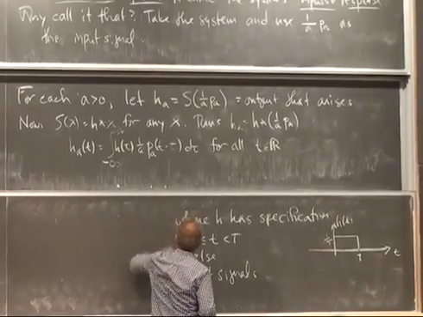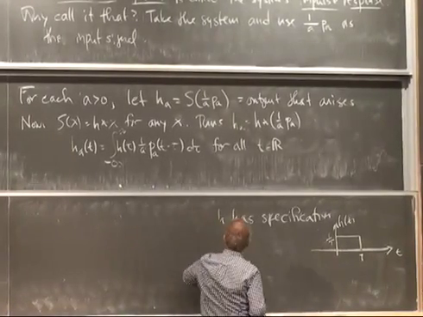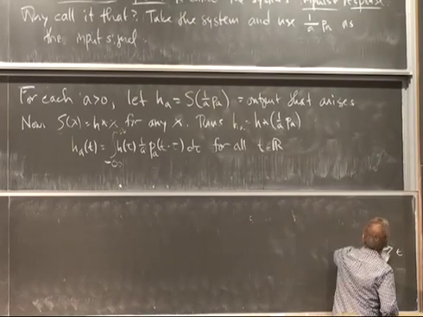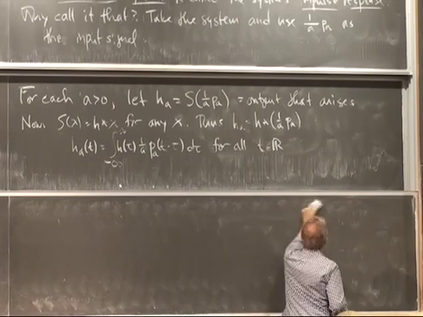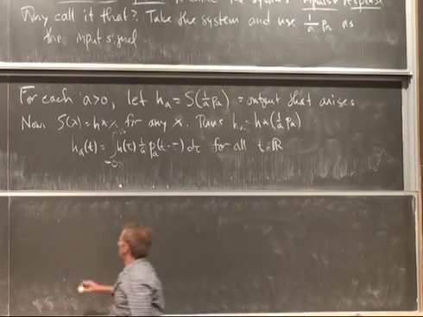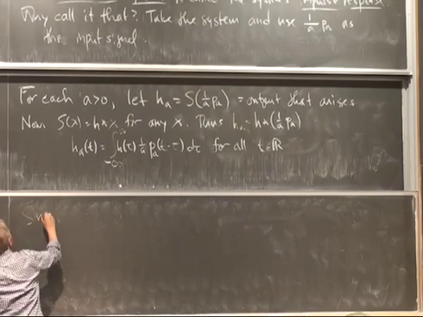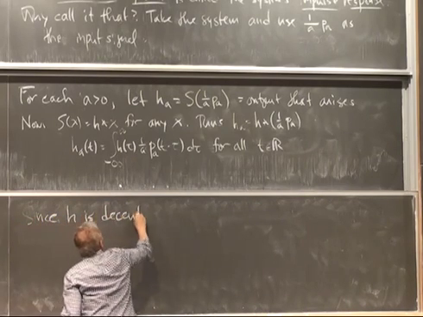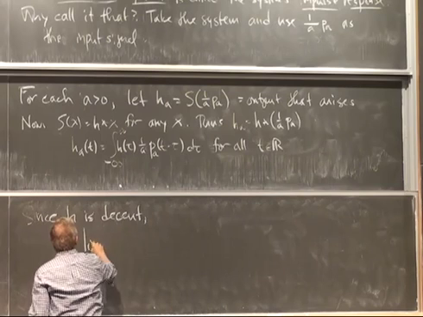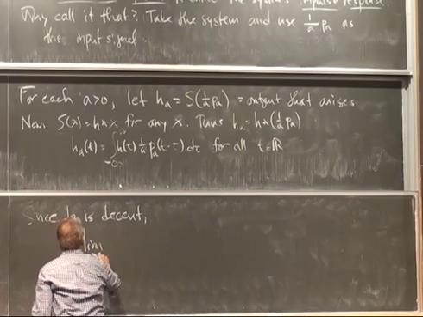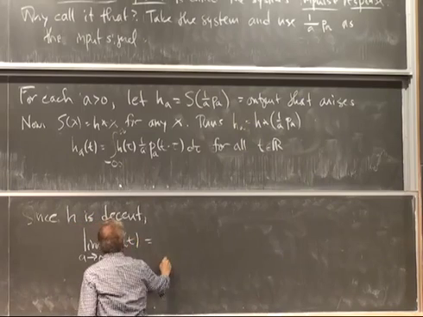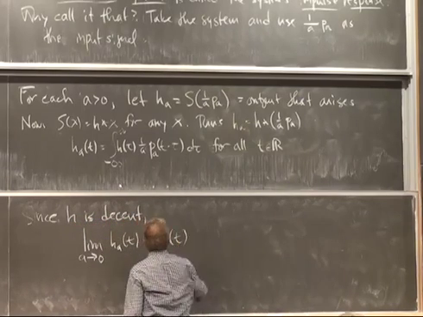So since h is decent, the limit as a goes to 0 of that thing, H_A of t, is equal to h of t.